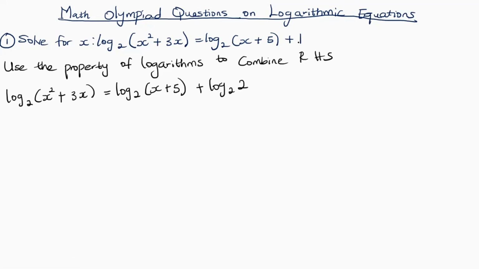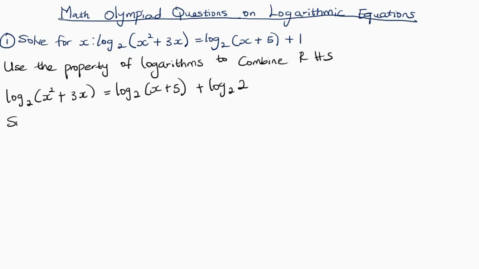Now 1 right here has been changed to log 2 of 2, because the logarithm of the base to itself is always 1. So right here guys, since this is in base 2, all we have to do is make sure the base to itself gives us 1, and it happens to be this.